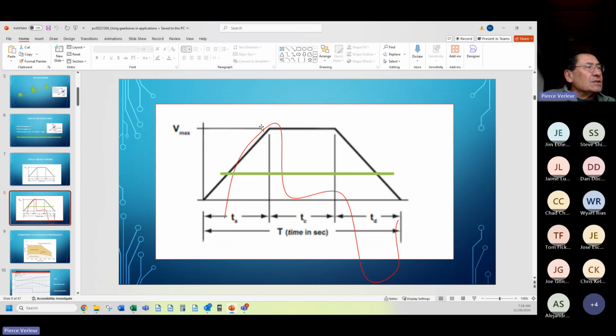It will be this section here of the application which will determine the sizing of the components.